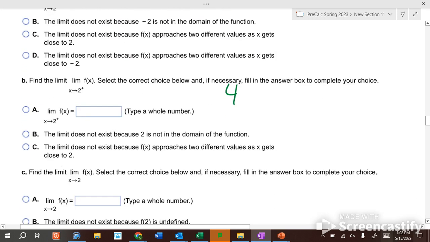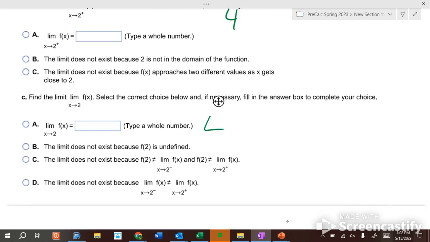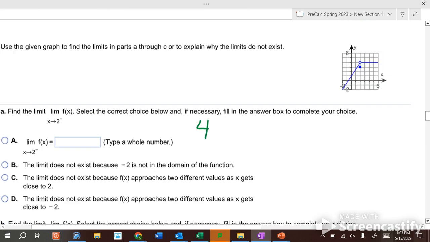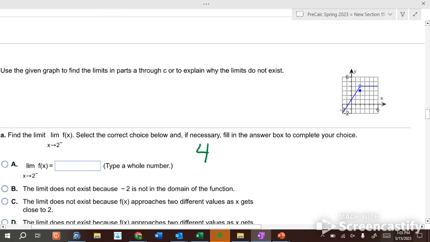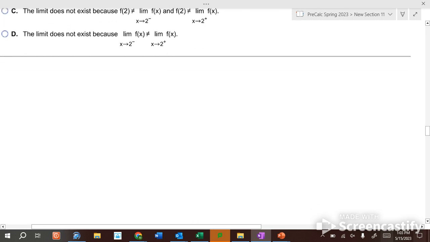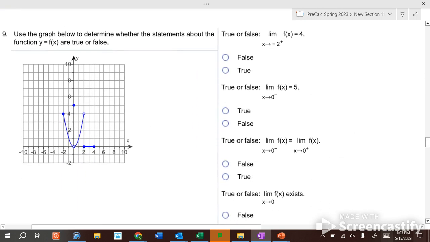The limit is 4. What's the value of the function at 2? 3. The value of the function is 3, but the limit is 4 because they both approach 4. Okay? Good calculus stuff here.